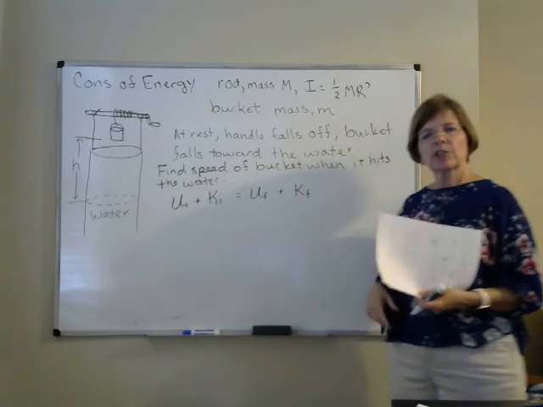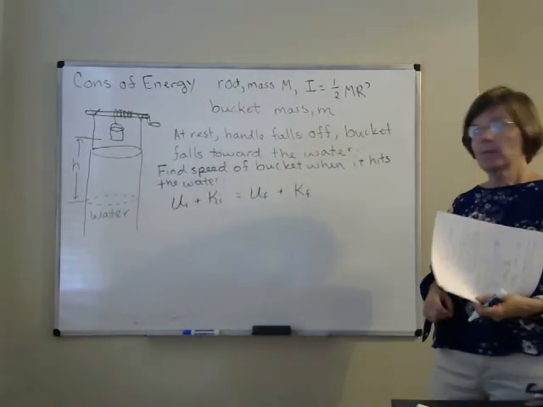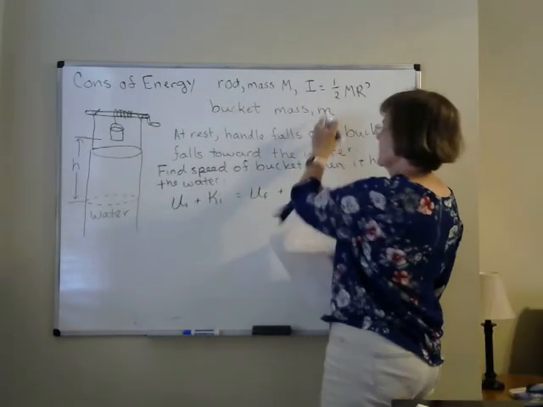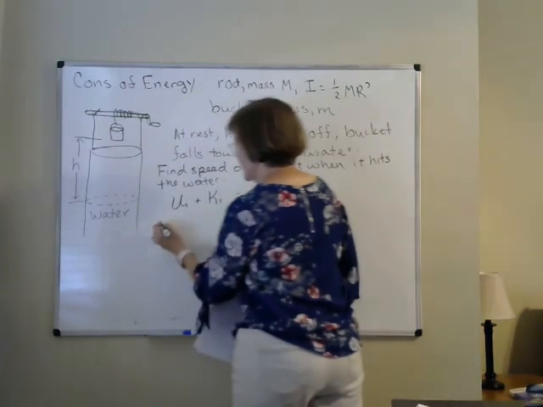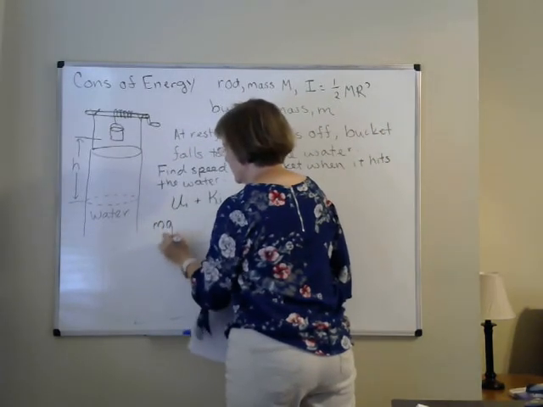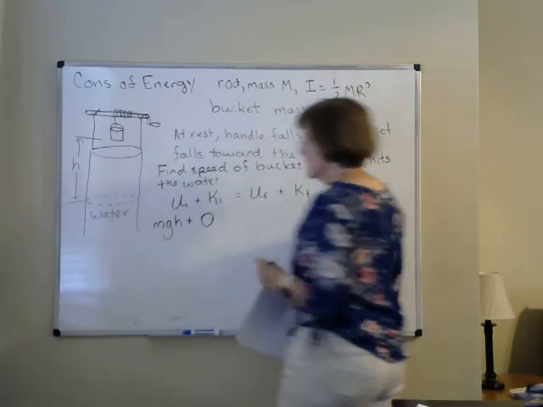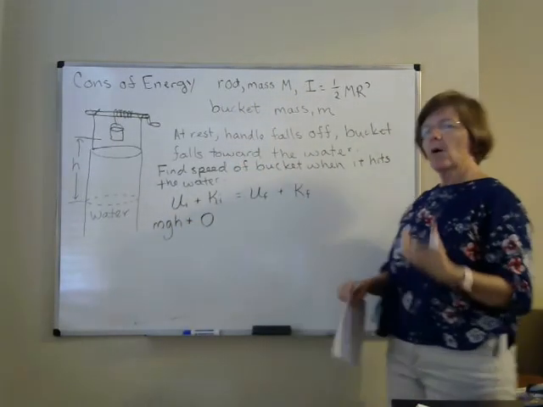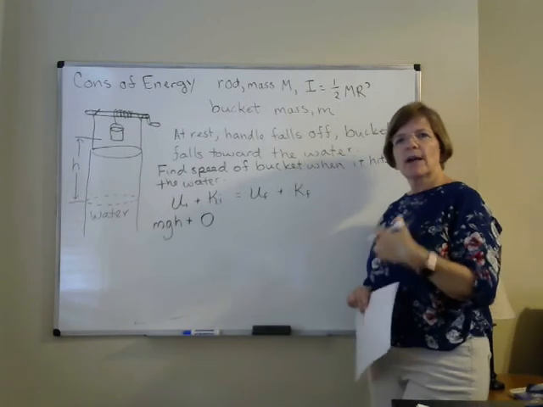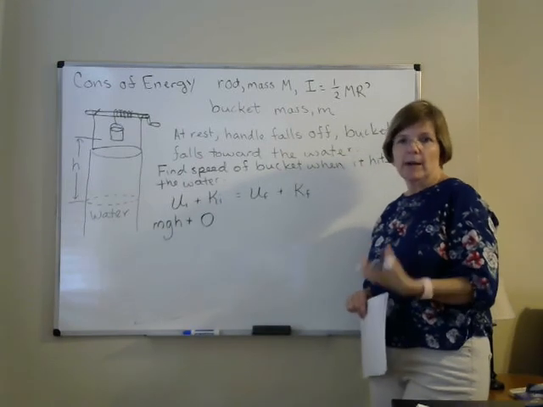The only change in potential energy is going to be from the bucket. The bucket, which is little m, starts off with mgh. The whole system is at rest. So at the beginning of this problem, all of the energy is just the gravitational potential energy in the bucket.